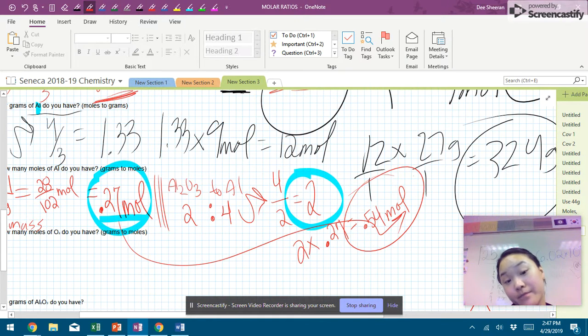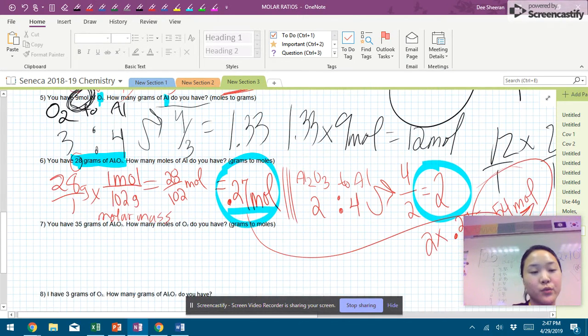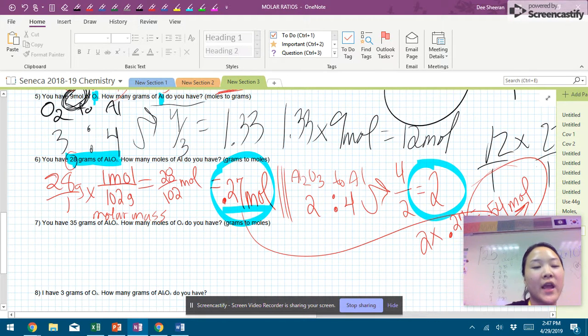But that's it. To recap real quick, you have 28 grams of Al2O3. How many moles of Al do you have? This is a grams to moles problem. First step, convert what I've highlighted in blue here, the 28 grams, into moles, because you cannot do anything until you have moles.